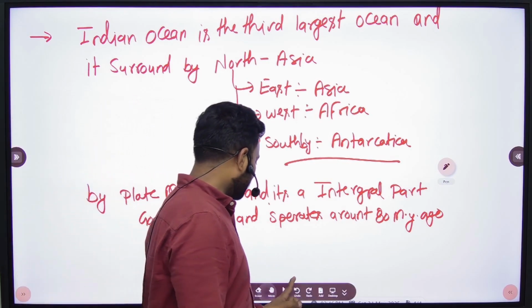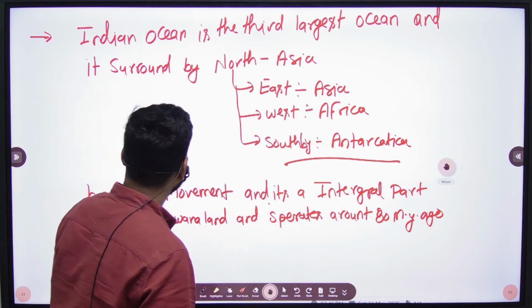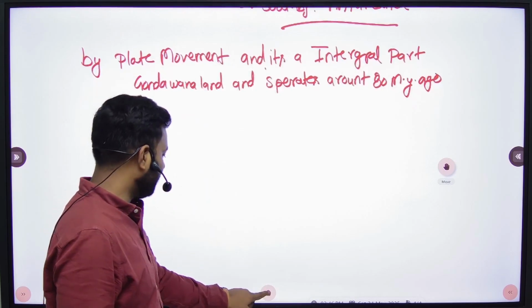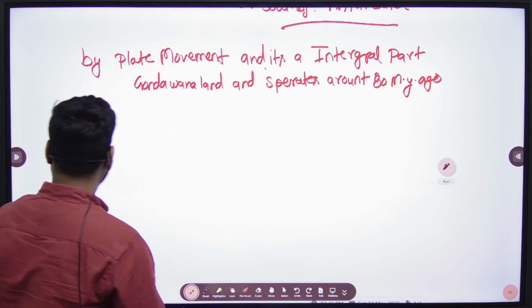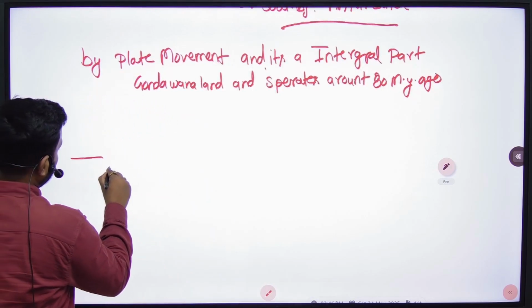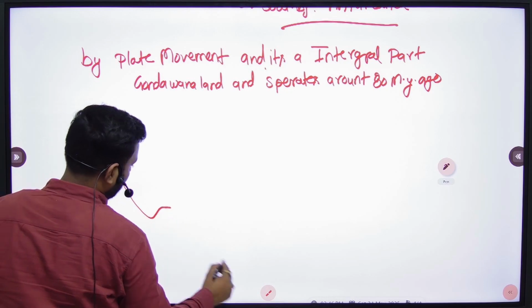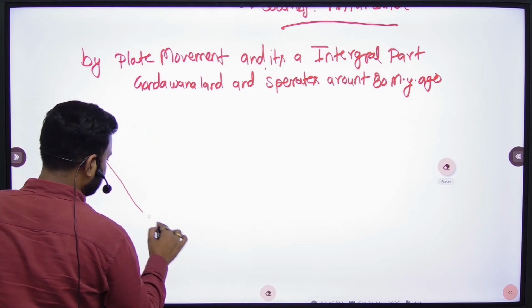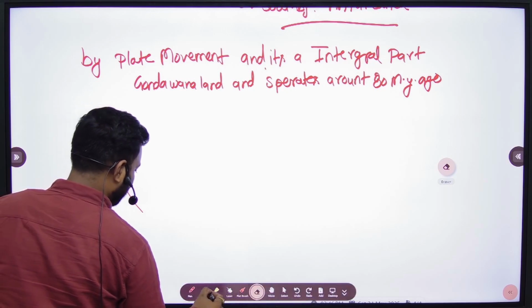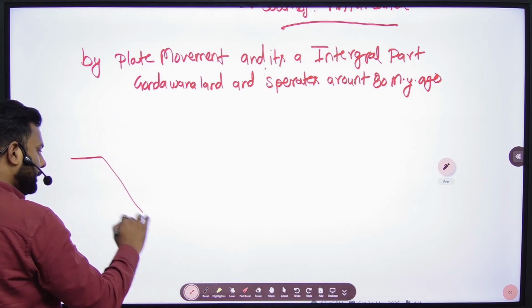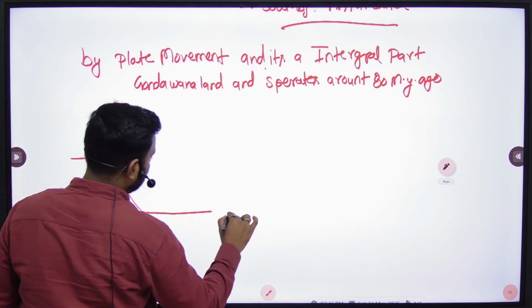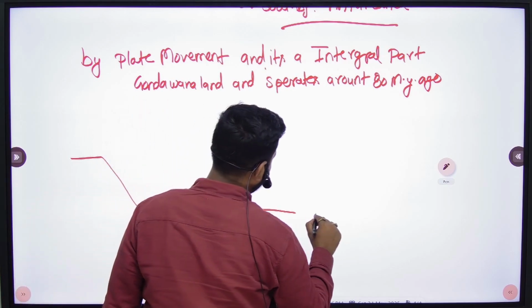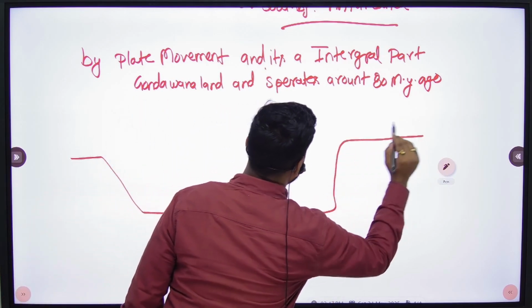What is the meaning of bottom topography? It means we simply explain what kind of relief features, or what kind of topographic elevation, there is on the ocean's bottom. Suppose this is the Indian Ocean bottom.